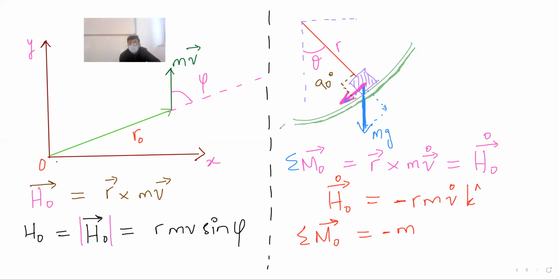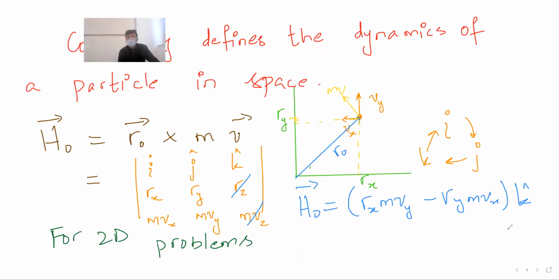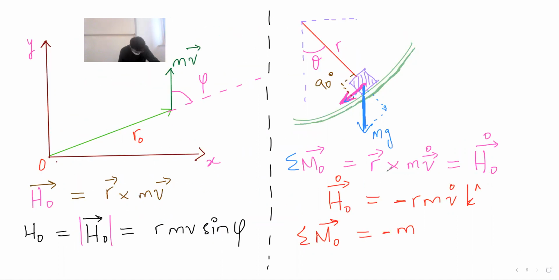Chat message: R is constant, so why is d over dt not 0? Where did I write that? d over dt of R is not 0. Let's go back. Where did we take the d over dt of R? We are not taking d over dt of R, we are just talking about the v dot, right?